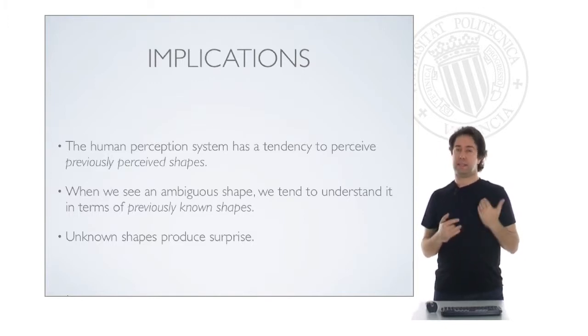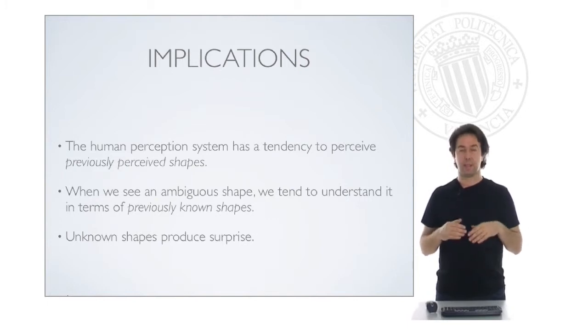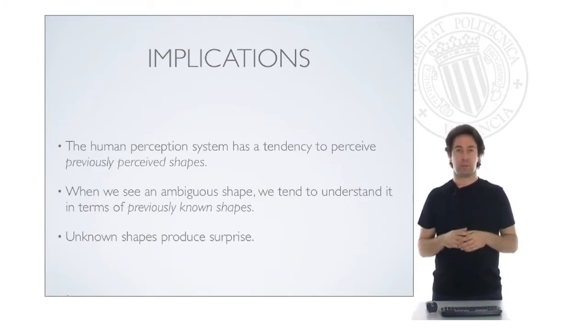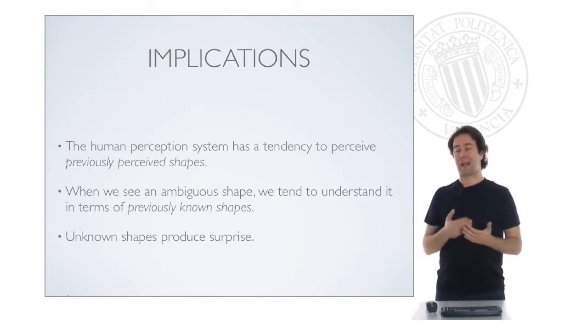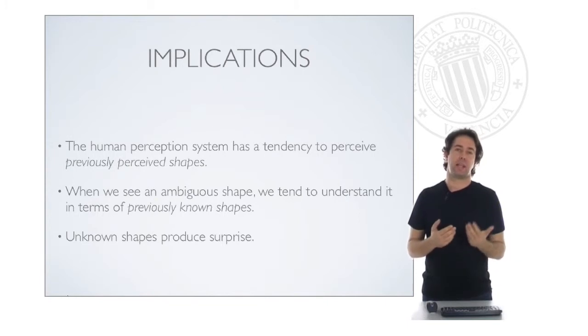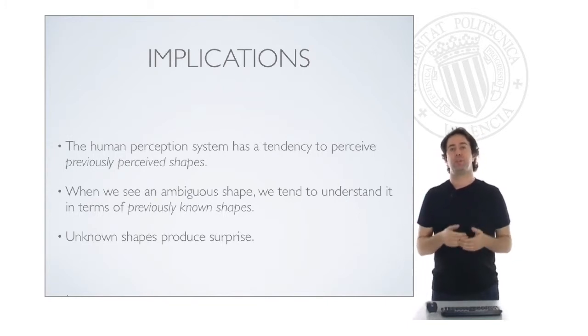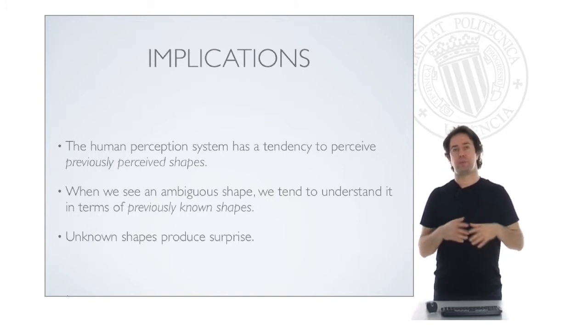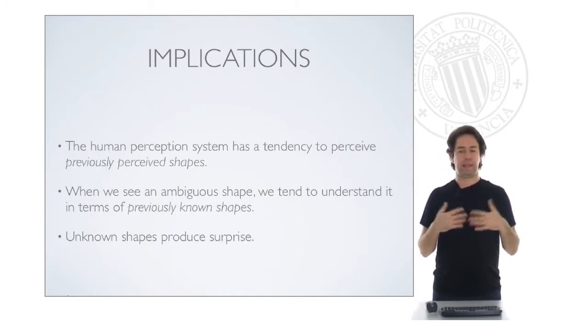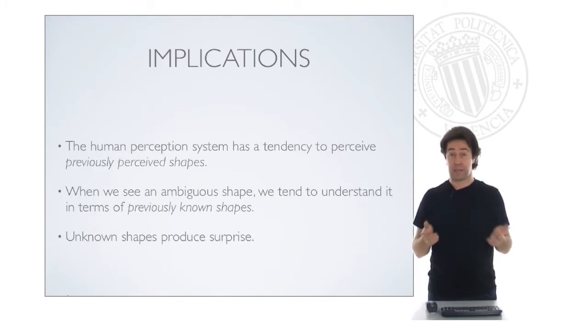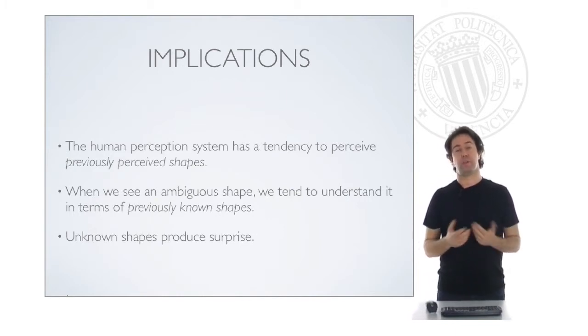So when we see an ambiguous shape, we tend to understand it in terms of something which is already known. So one of the implications is that unknown shapes produce surprise. Known shapes usually produce a feeling of security, and unknown shapes produce surprise.